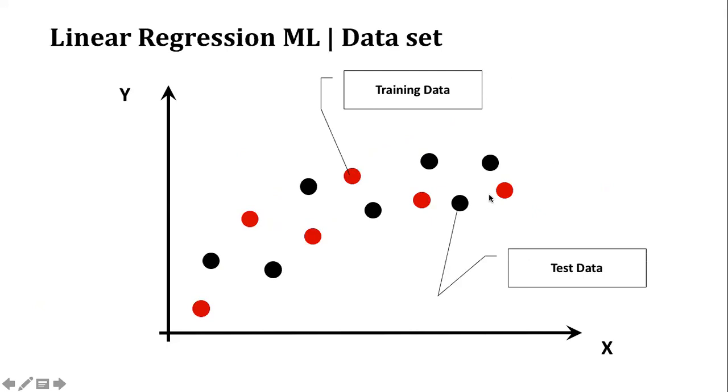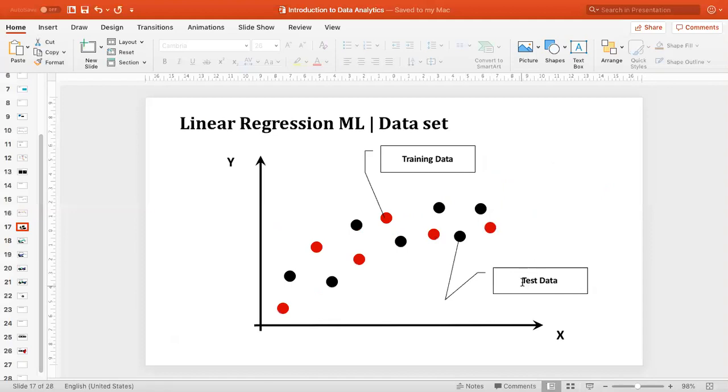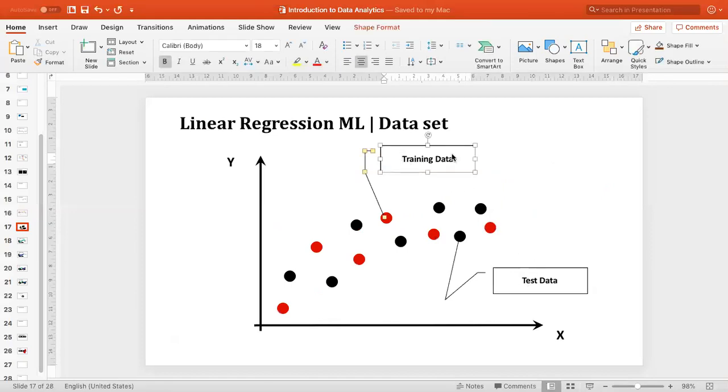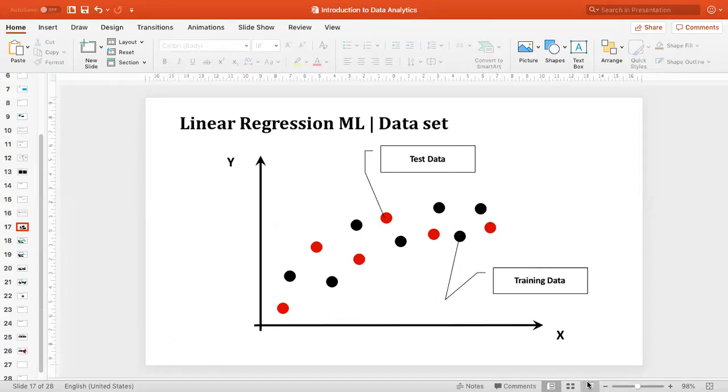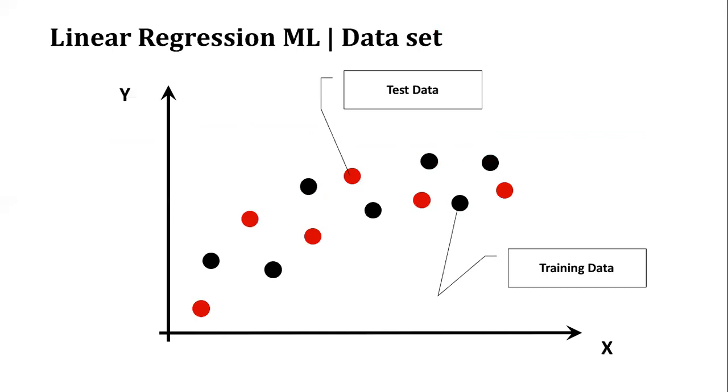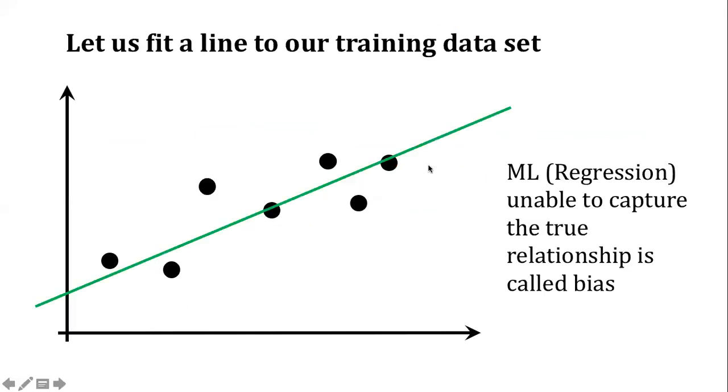Sorry, now we will change this: this is test, this is training. The black ones are training, so we are going to fit initially for the training. If we were to fit a line, this is how we can fit.